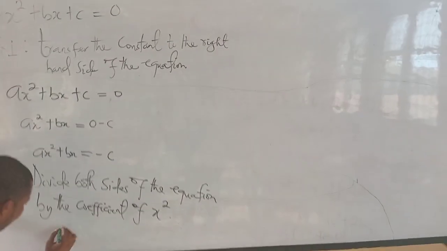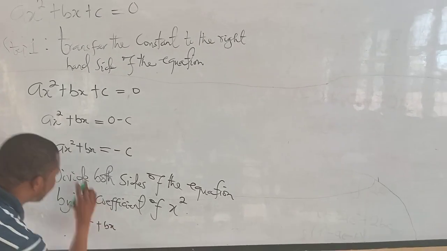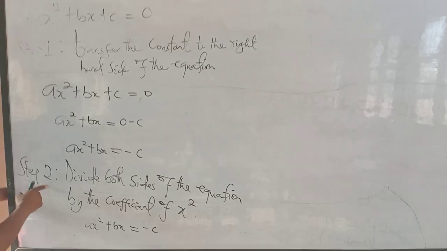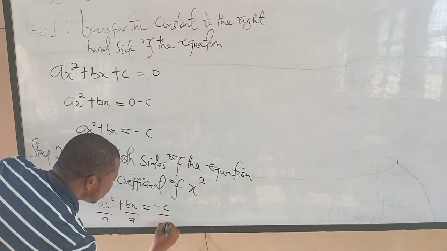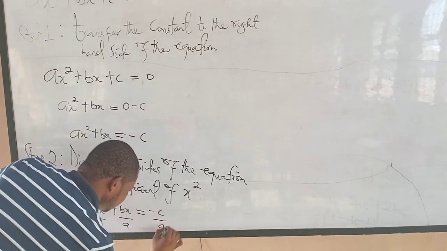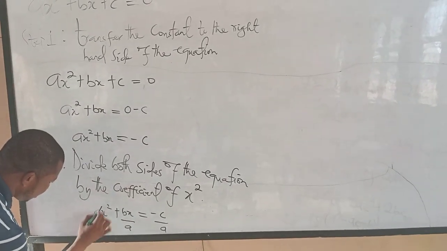So I'm going to have ax squared plus bx, I'm repeating, is equal to minus c. Now the second step says divide everything by the coefficient of x squared, which is a. We are dividing everything by a. By a, we cancel out a.